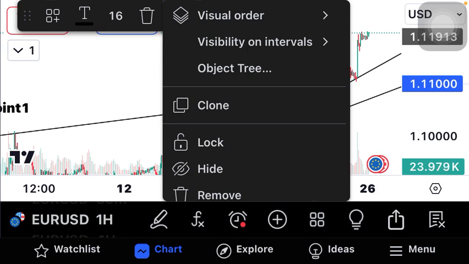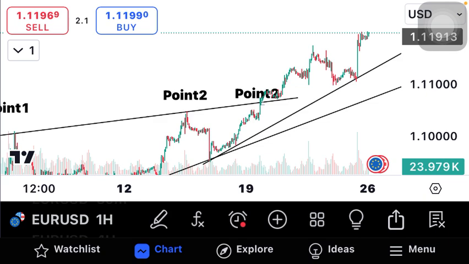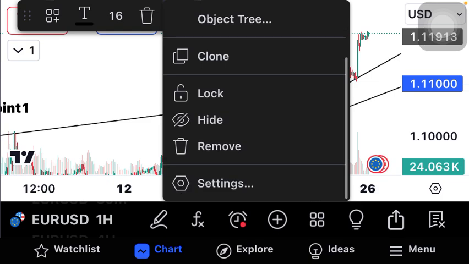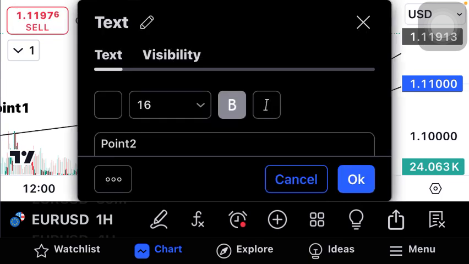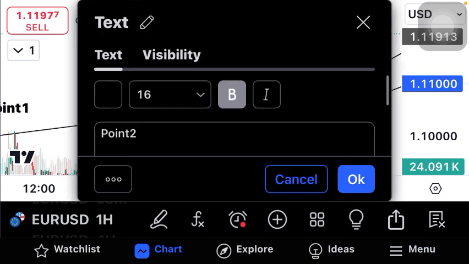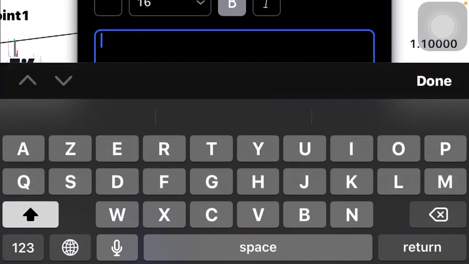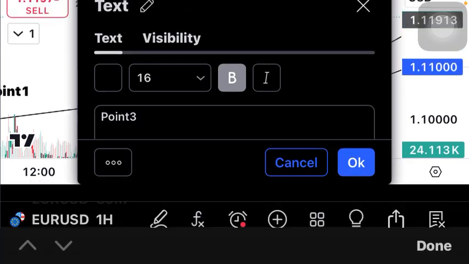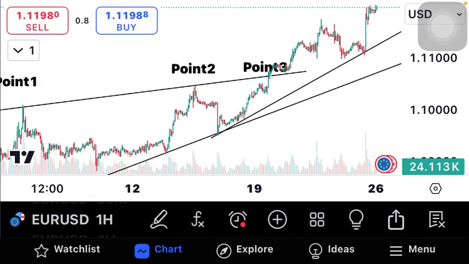So I want to edit this one. This one will no longer be, this one will be 0.3, which serves as the breakout, you can see.